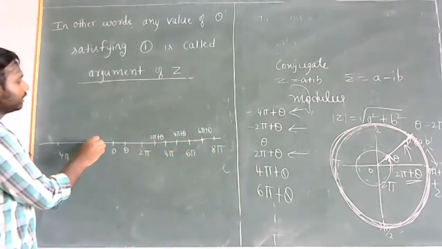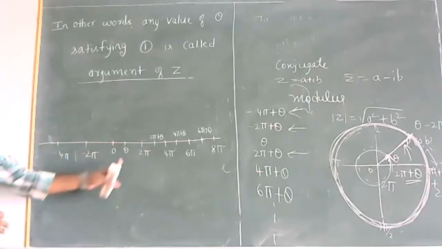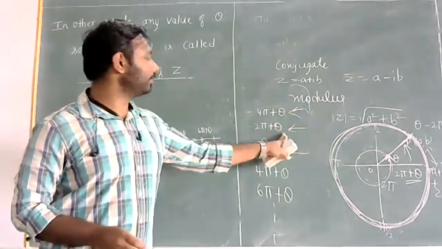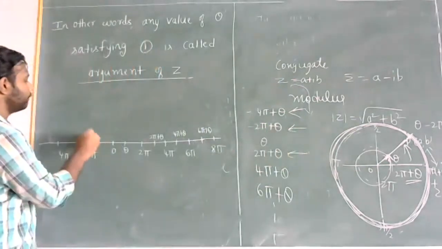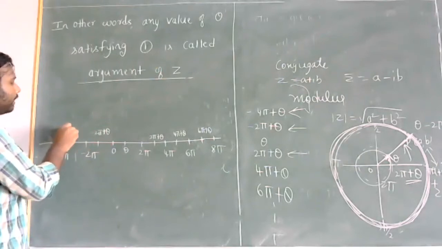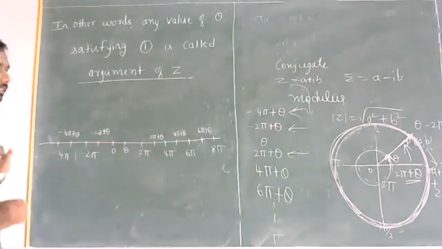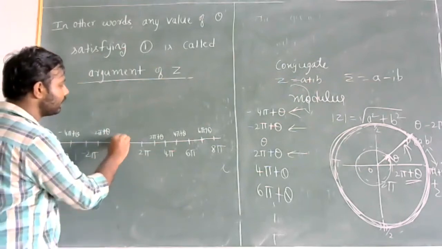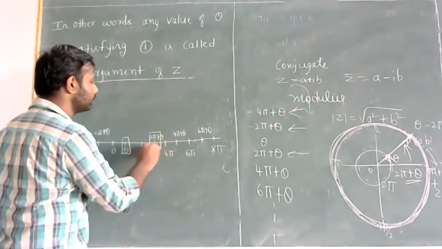Similarly, if I come here, minus 2 pi, so take 2 pi from theta. So this will be minus 2 pi plus theta, minus 4 pi plus theta, like this. Now observe, these are the argument values.